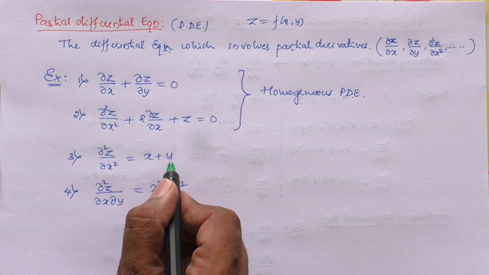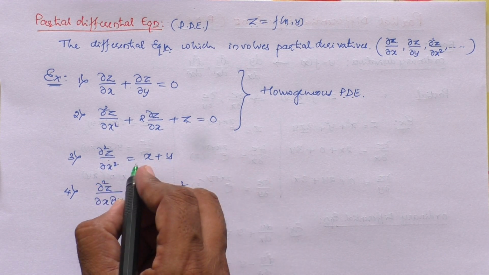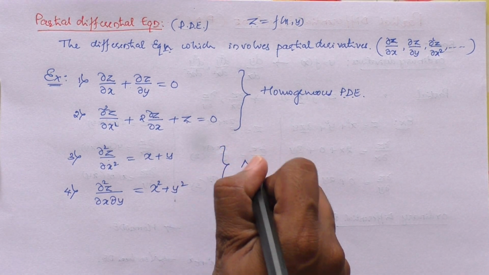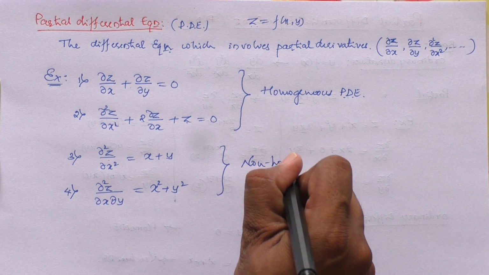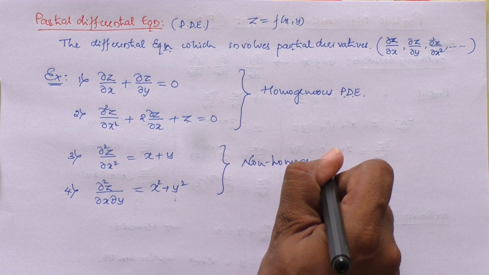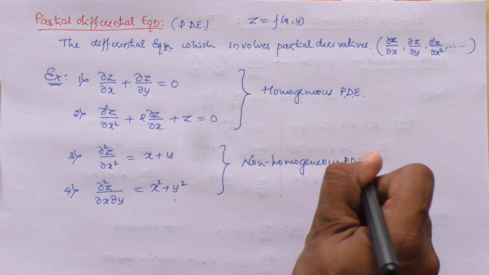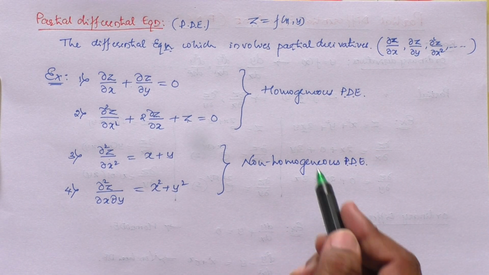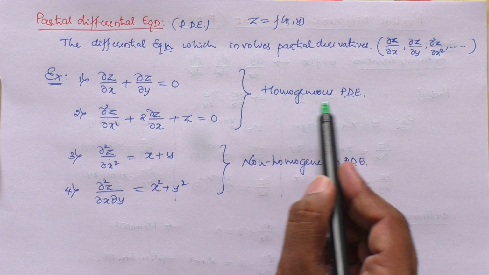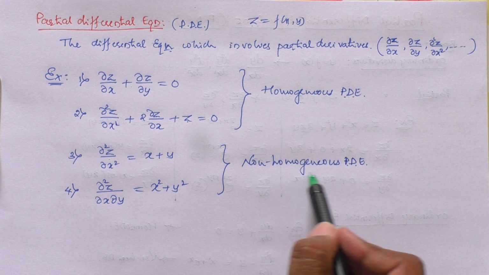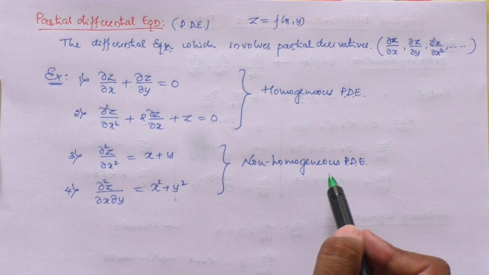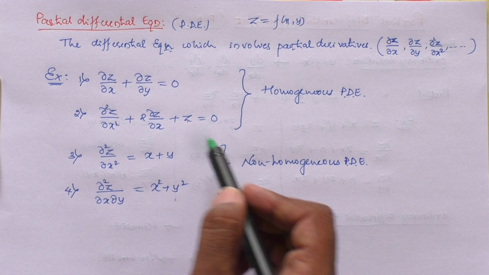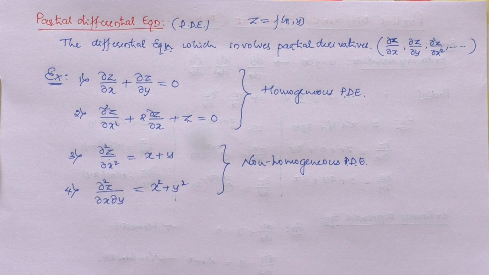So if it has both dependent and independent variables, these two examples are called non-homogeneous PDE. Further, what we are going to learn in this module is how to solve homogeneous PDE, how to solve non-homogeneous PDE, and which method we apply. That concept you are going to learn throughout this module on partial differential equations.